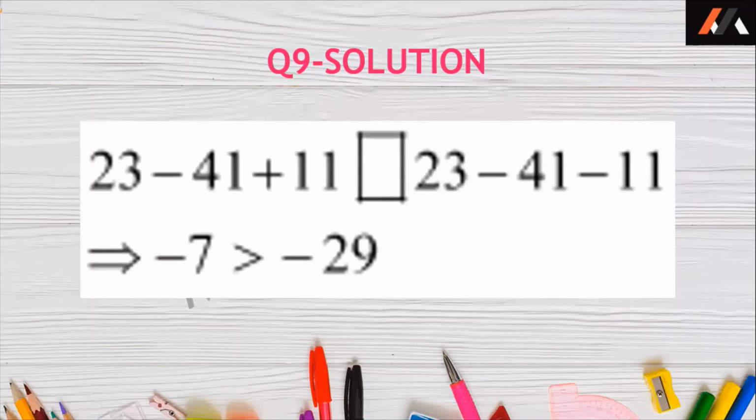Next question. 23 minus 41 plus 11 on one side, and 23 minus 41 minus 11 on the other.